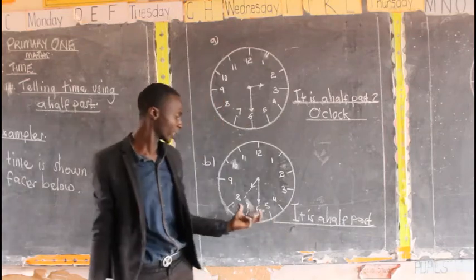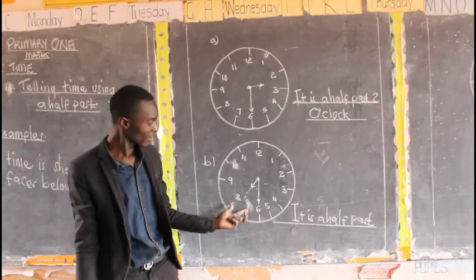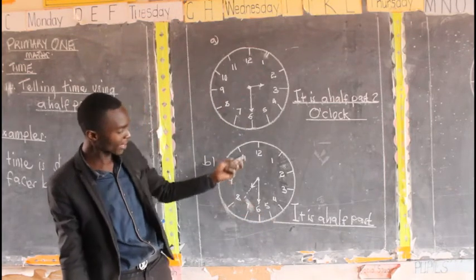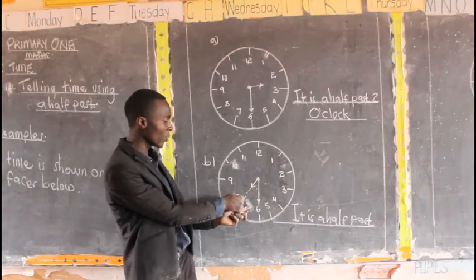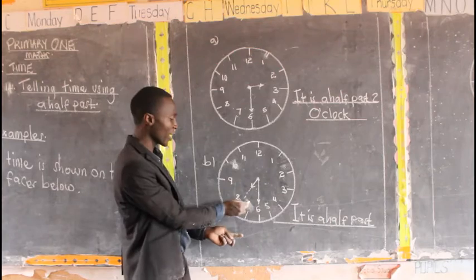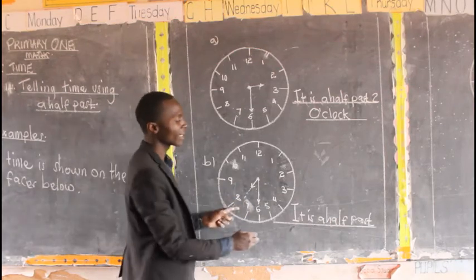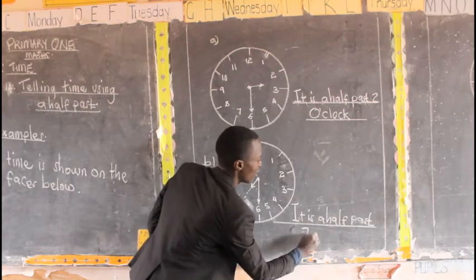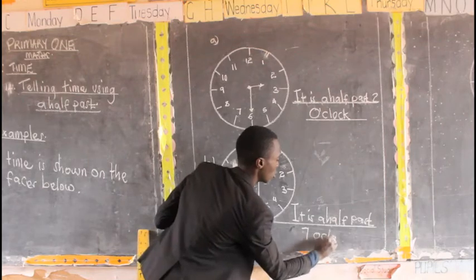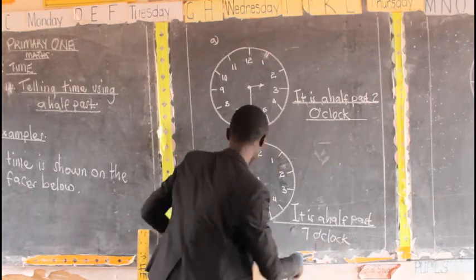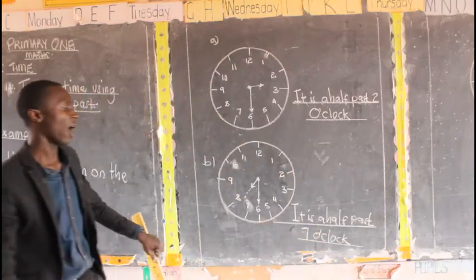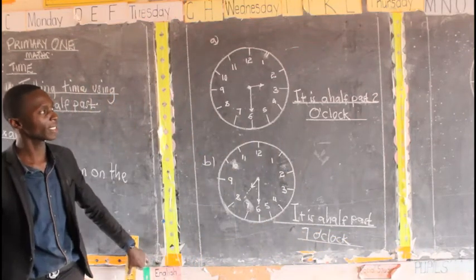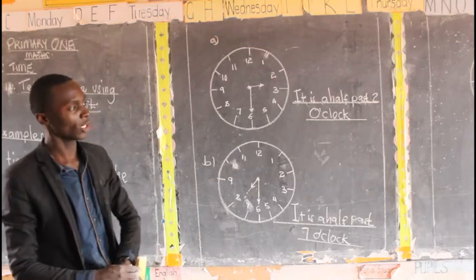A half past what? Because we are going clockwise, it is past this 7, because now we are heading to 8. That's why we say that it is a half past 7 o'clock. That's our time.